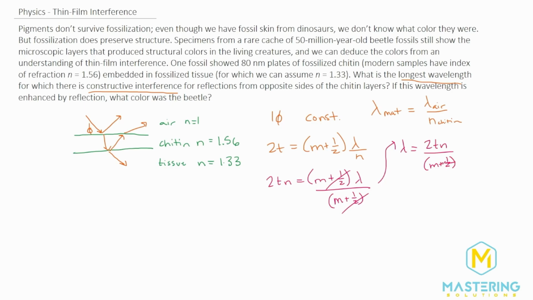And so we want the longest possible wavelength. To get the biggest wavelength, we need the smallest possible m because it's in the denominator. The bigger the m, the bigger the denominator is going to be, so the smaller the overall number will be. So if this is as small as possible, in this case, m is 0, that will give us the largest possible lambda.